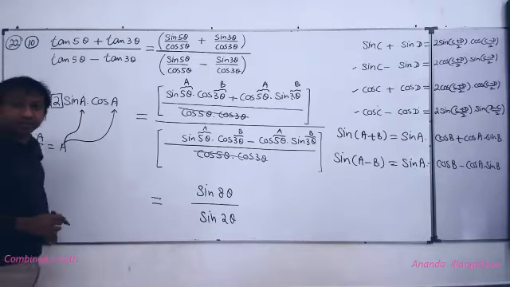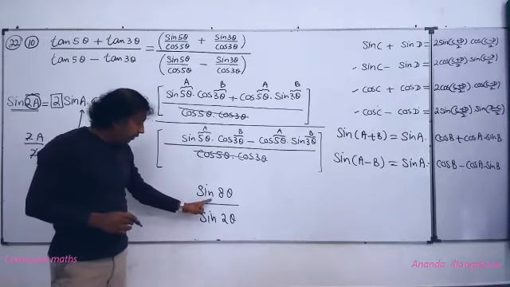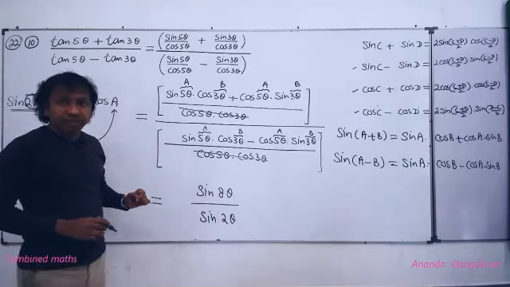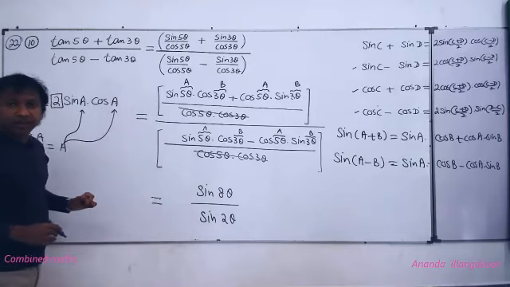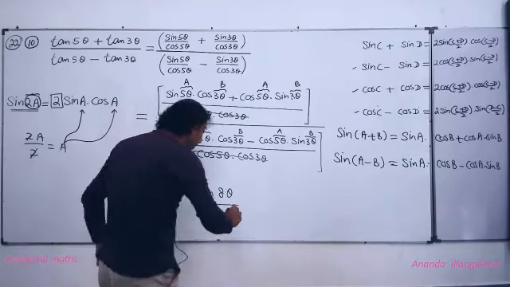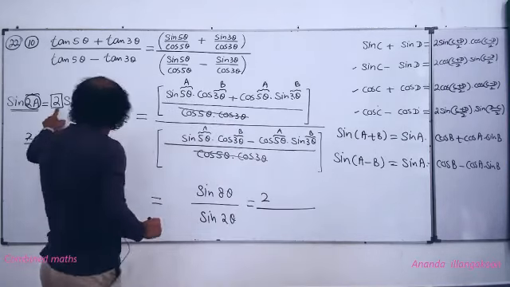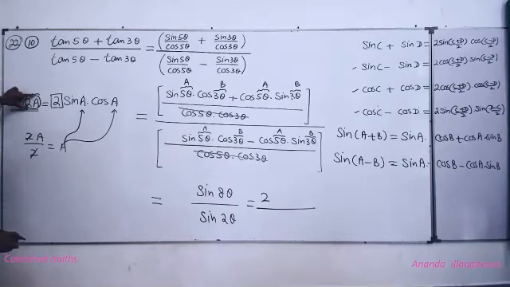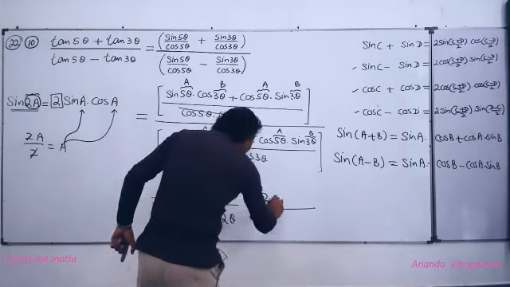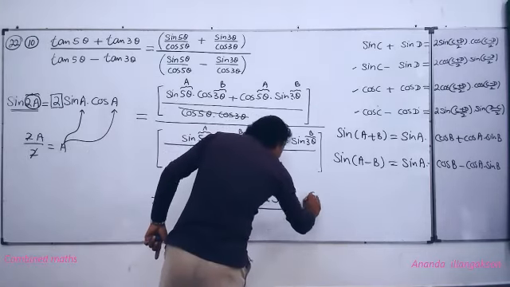Using that, if you write this sin 8 theta, can somebody tell me how to write sin 8 theta? 2 comes here. Whatever the angle, this 2 comes with sin and cos.